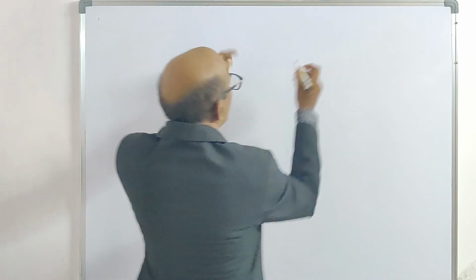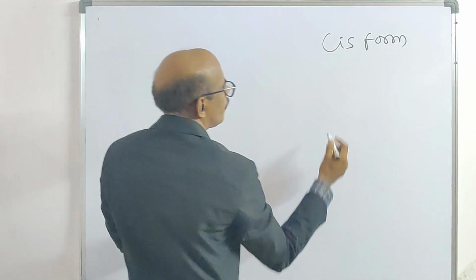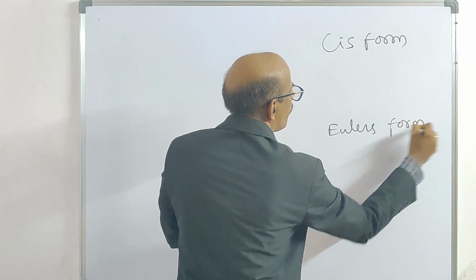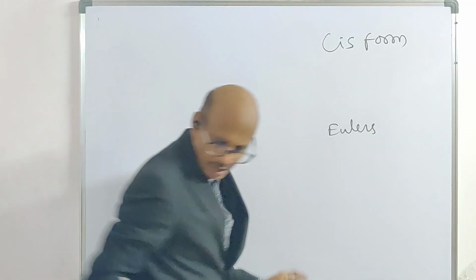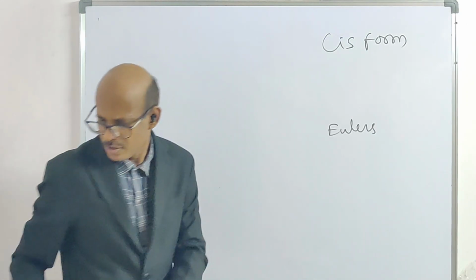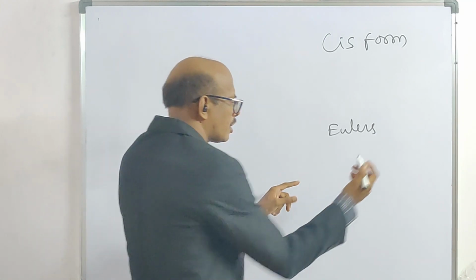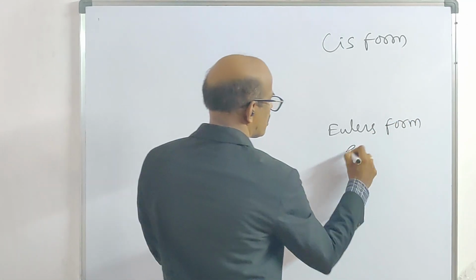Ordered pair form. Next, cis form. Concentrate. Next, Euler's form or exponent form. Clarity is required about these forms because, according to convenience and situation, we use them in applications.